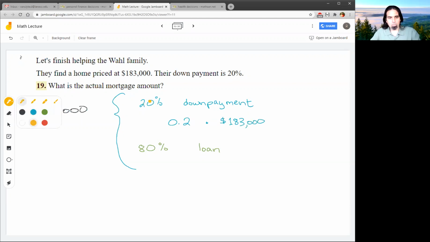Everyone okay with changing a 20 to a 0.2? So what is 0.2 times 183,000? 36,600.